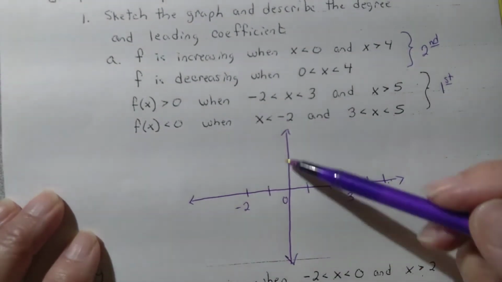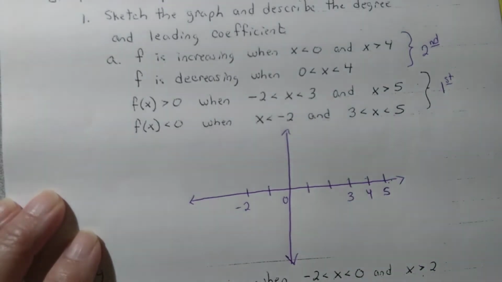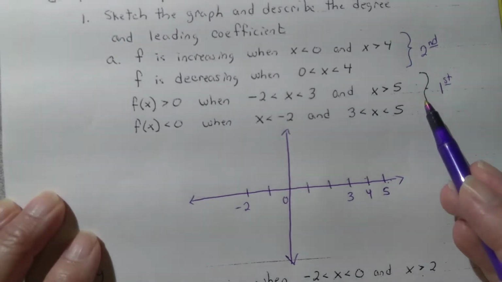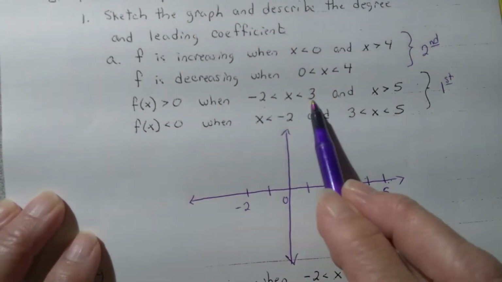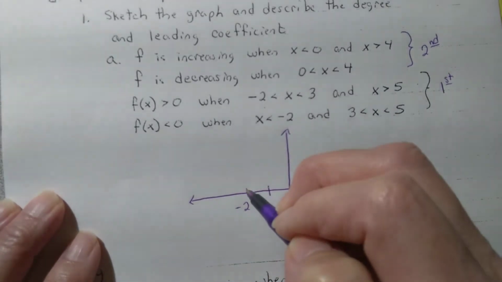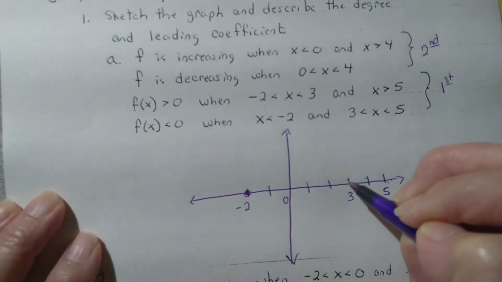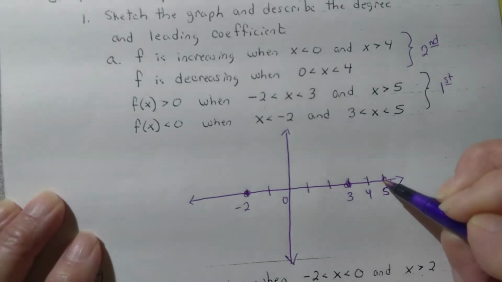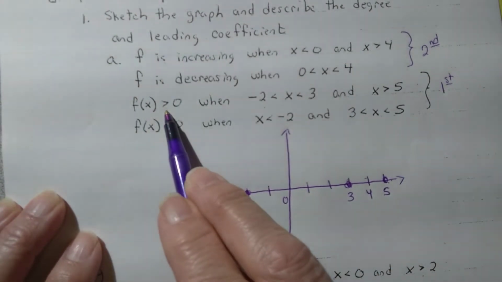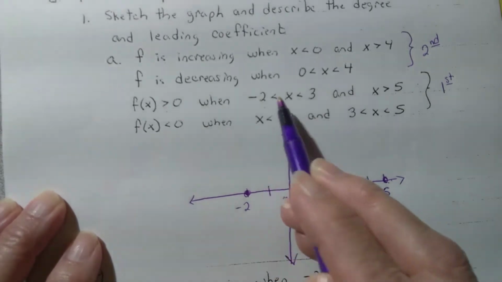Notice I don't have any y values marked here. That's because I don't have any information about that. So we're starting here first, so I know -2, 3, and 5 are all x-intercepts. It's above the x-axis in between -2 and 3.